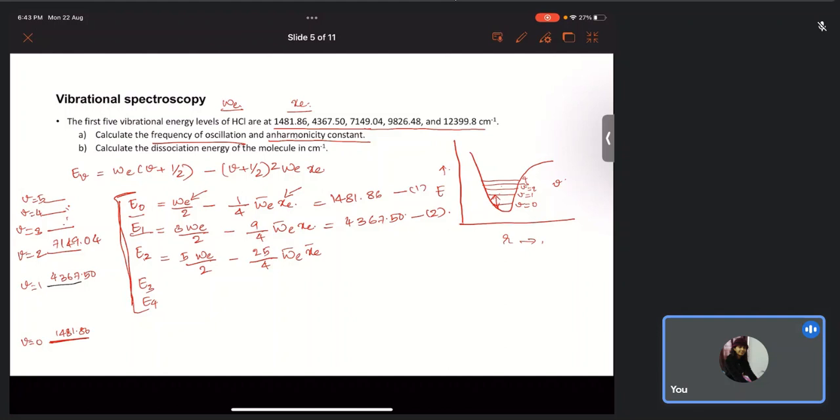So what we can do is multiply equation 1 with, okay, let me rewrite the equation 1 on the next page.